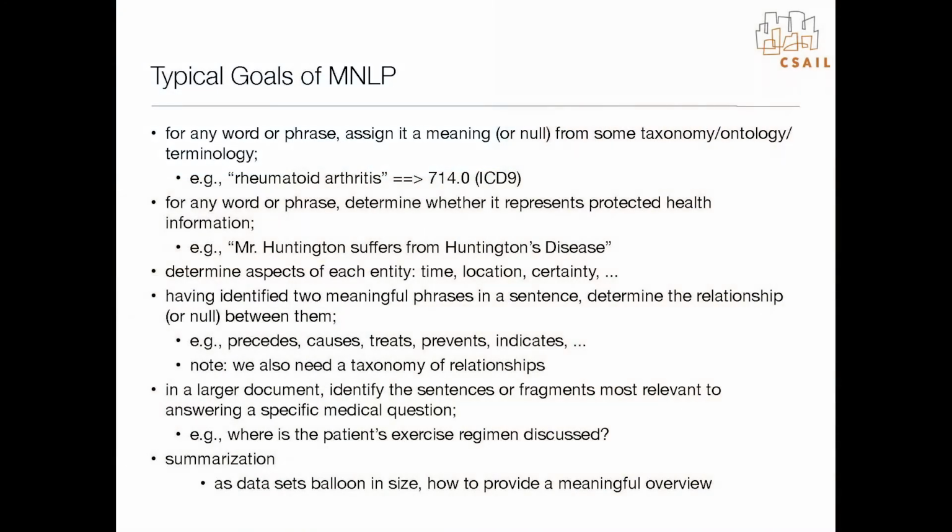Well, I had mentioned that one of the things we want to do is to codify things that appear in a note. So if it says rheumatoid arthritis, we want to say, well, that's equivalent to a particular ICD-9 code. We might want to use natural language processing for de-identification of data. I mentioned that before.